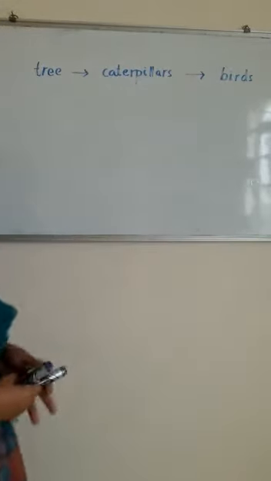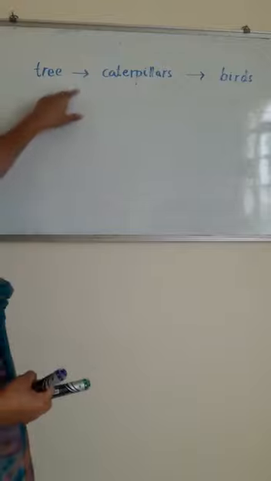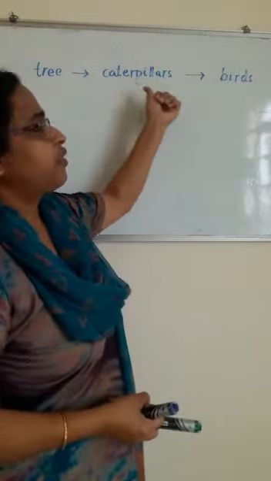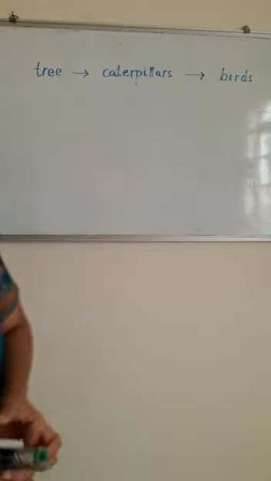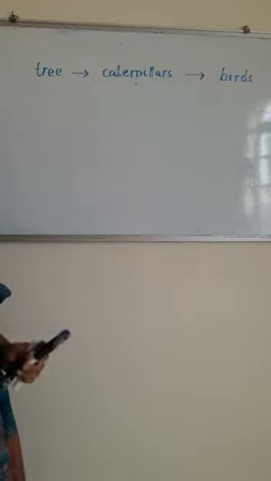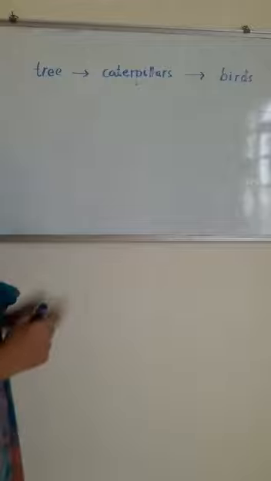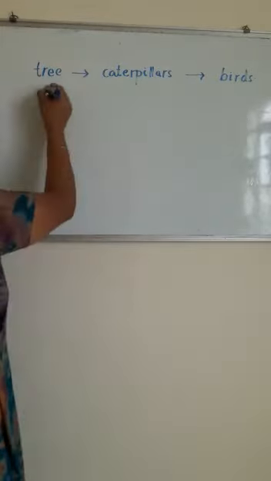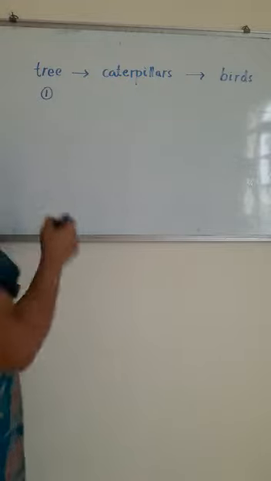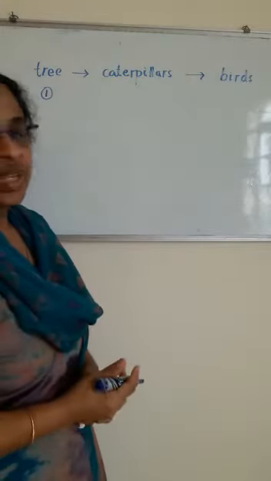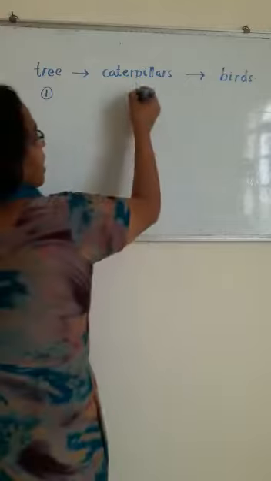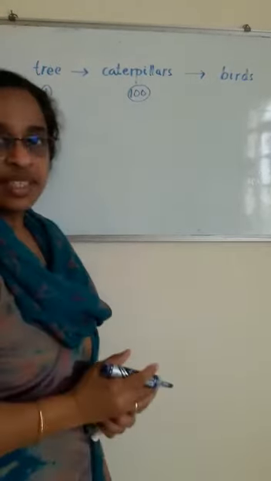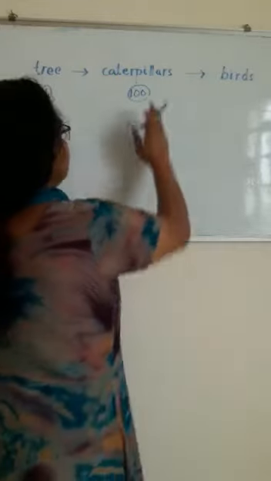So you can see here, in a tree there are lots of caterpillars and there are birds feeding on these caterpillars. So if you take the number of these three trophic levels, for example, just on one tree there can be 100 caterpillars, or 10 caterpillars.